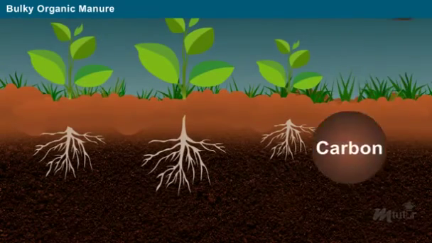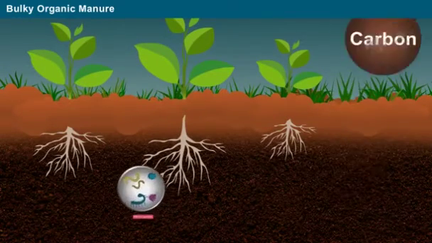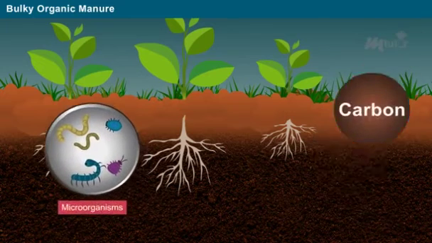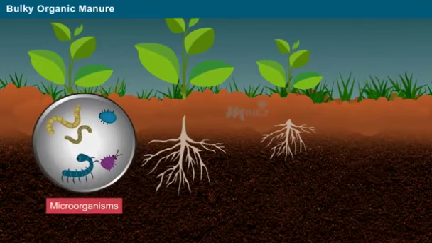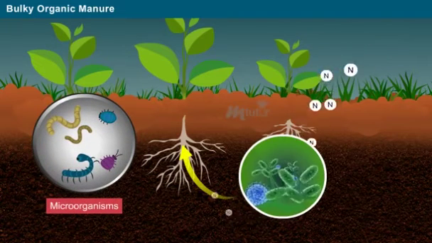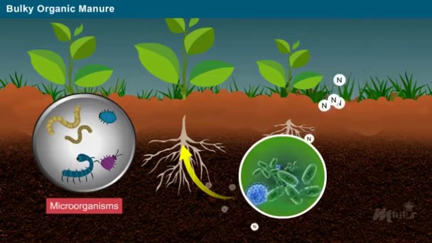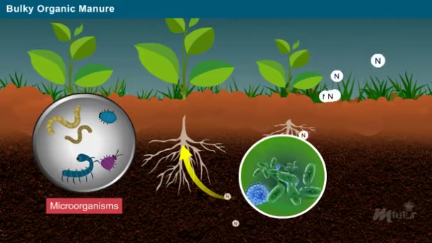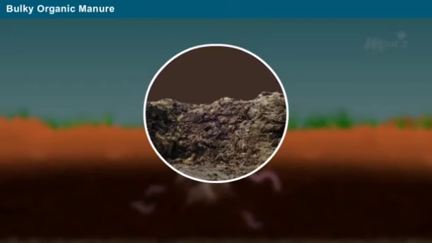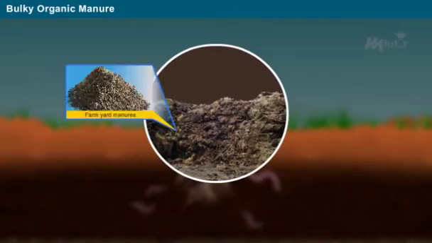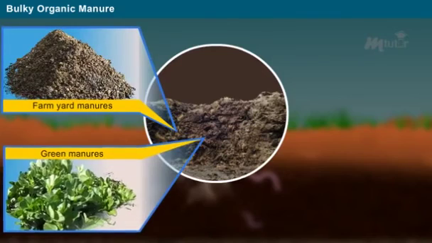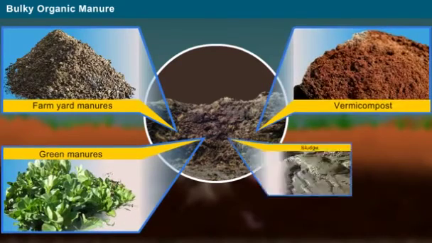Manure also supplies carbon to the soil, which can be used as food by the soil microorganisms. This in turn increases the microbial growth, converting the unusable plant nutrients to the usable form. Some of the examples are farmyard manures, green manures, vermicompost, and sludge.